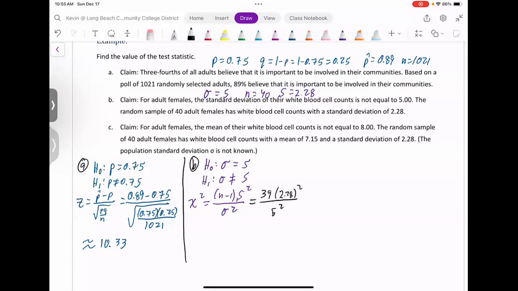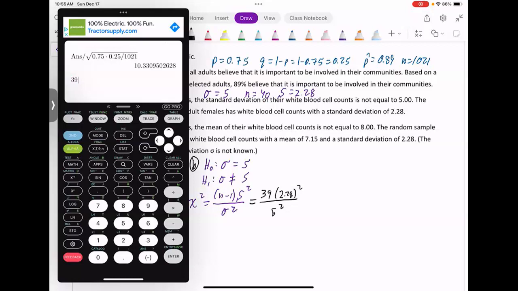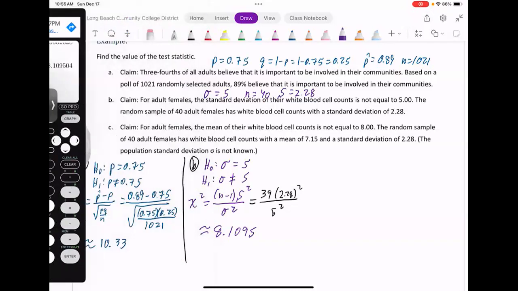And let's see what we get. So we're getting about 8.1095 as our test statistic. And once again, we don't know what to do with that yet, but we will.